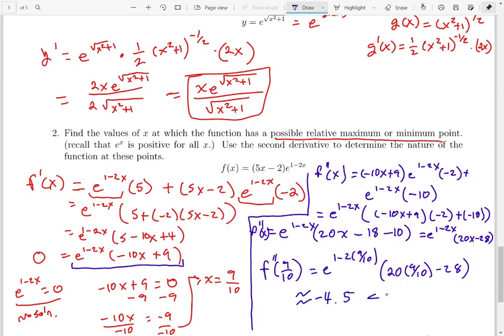But the fact that it's negative specifically tells me that this is a concave down function. And since it's a concave down function, it specifically tells me that at this possible extrema value that we found a moment ago, 9/10, this is a maximum. And so at x equals 9/10, there should be a maximum.